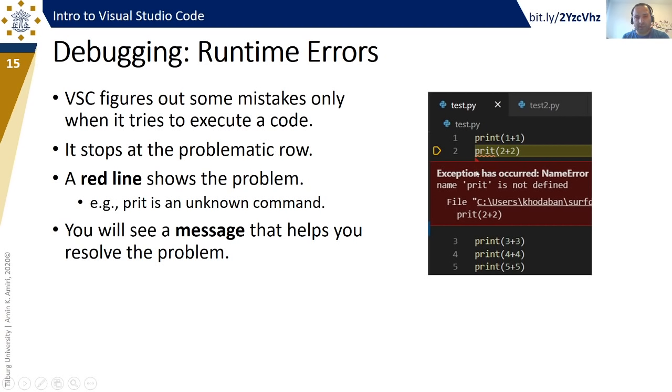As you can see here, a red line is under that problematic row and a message also pops up. For example, here it says that the name print is not defined. You were trying to use a built-in function called print. You seem to want to use a different function called print, but you haven't defined that function. So here it helps you in a way to resolve the issue.